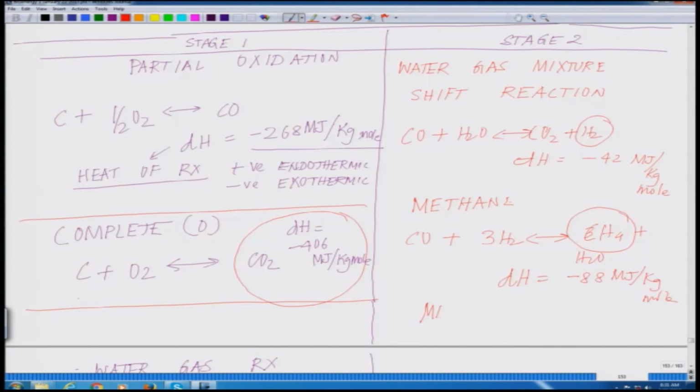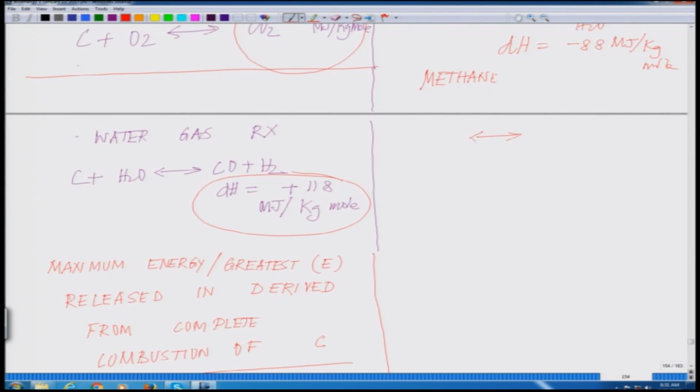So, what you are producing here is methane in the second step, and every time you are observing that I am putting an arrow like this, which basically shows that the reactions are in equilibrium and can proceed in either direction.